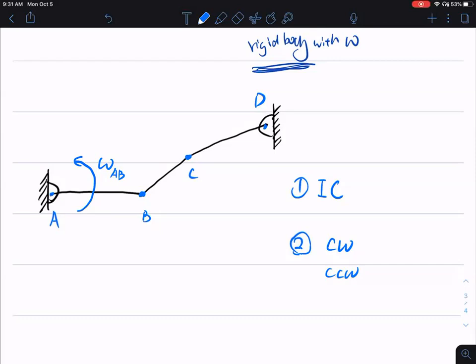Think about where the instant center is. The instant centers for AB and CD are very easy to identify. BC could be a little bit tricky.